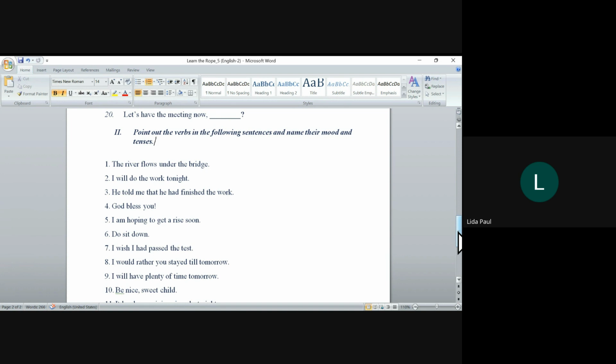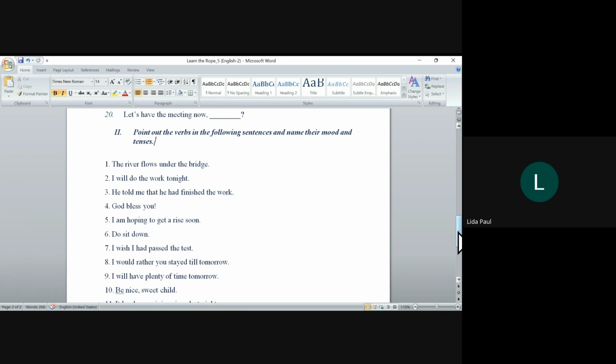But if the sentence expresses some kind of opinion, talks about a hypothetical situation, talks about certain emotions, or is a polite request, or is in the form of some kind of a wish, then the mood is subjunctive.